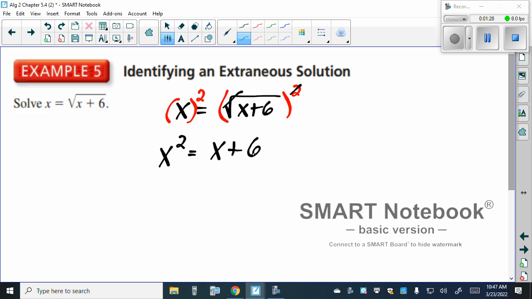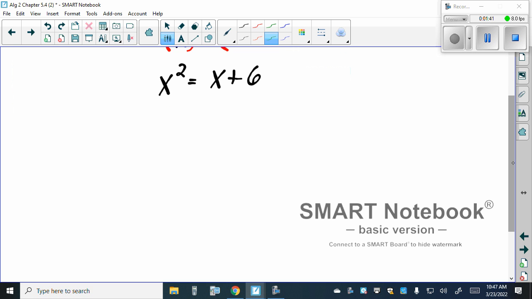At this point, we do have a quadratic because we have an x squared. Anytime we have a quadratic, we've got to get everything on the same side and equal to 0. So we can subtract x from both sides, and then we would subtract 6.